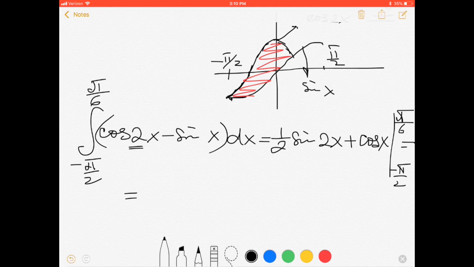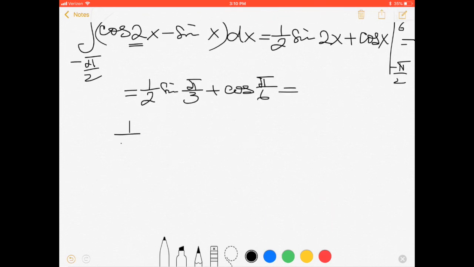We have 1/2 sine pi over 3 plus cosine pi over 6. If you plug in negative pi over 2, you have sine negative pi, this means 0, and cosine negative pi over 2 means 0.